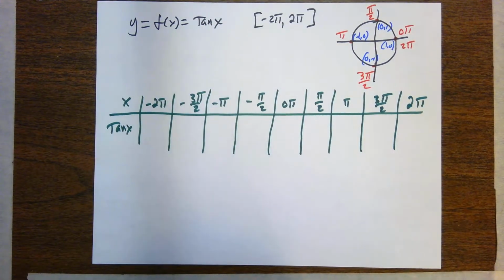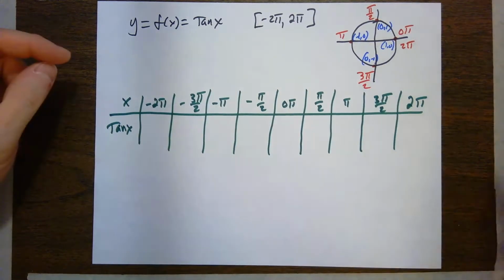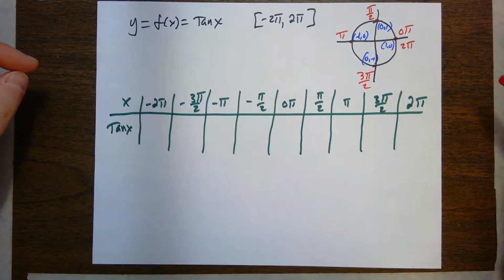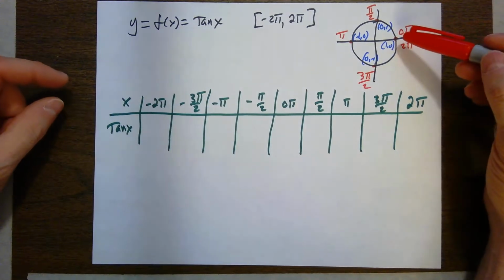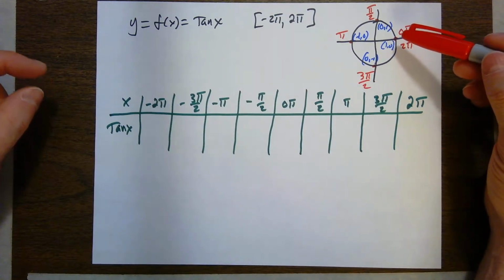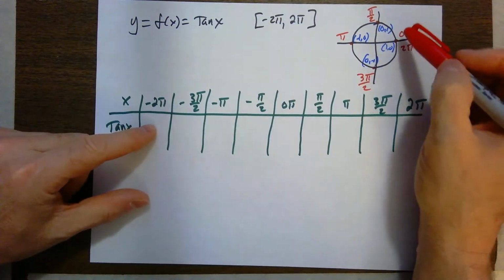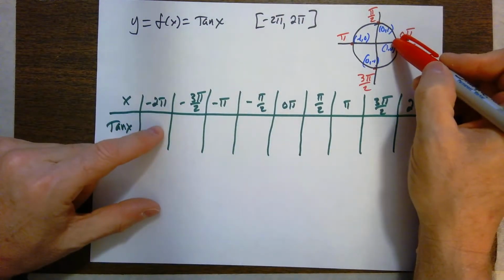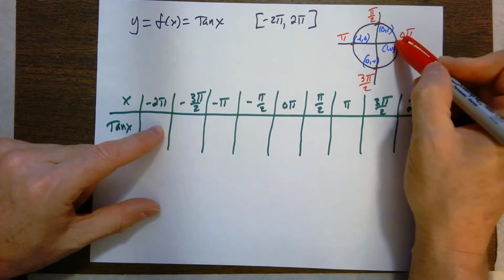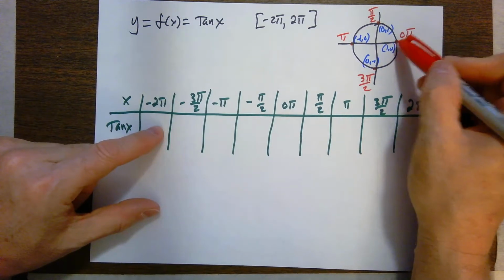Now tangent, how do we know what tangent is? Well, we know that tangent is opposite over adjacent. Tangent is the y value over the x value. So what is going to be the tangent at negative 2 pi? We can see that negative 2 pi and 2 pi are really going to be the same thing, aren't they?